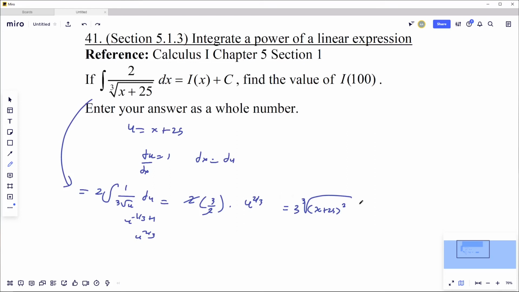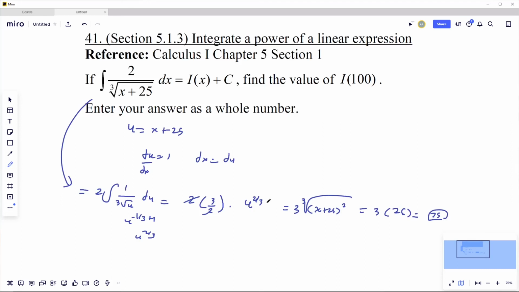So yeah, and they just want to substitute the value. So 3 times, let's put this in the calculator. So 100 plus 25 is 125. Square of this, you get a huge number. Cubic root of this, you get 25. So 3 times this, you get 75.